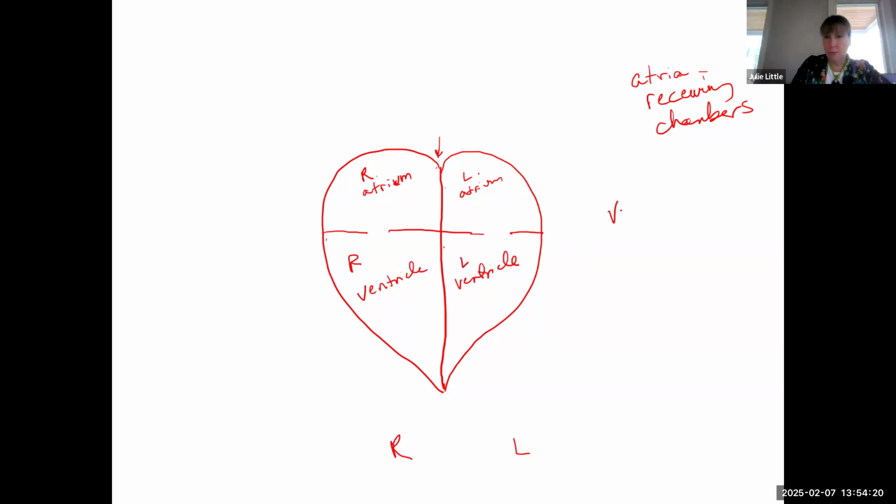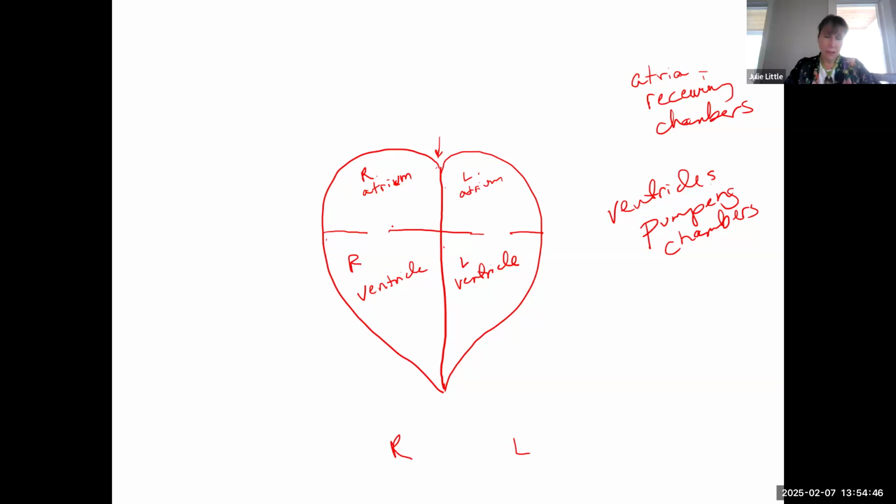Now, the ventricles are the pumping chambers because they're going to pump blood either to pulmonary circulation, which means the blood's going to go to the lungs, or to systemic circulation, meaning blood is going to be pumped to the body. So the ventricles are pumping chambers. How many chambers do we have? Pumping chambers? We have 4 altogether, the upper receiving chambers and the lower pumping chambers.